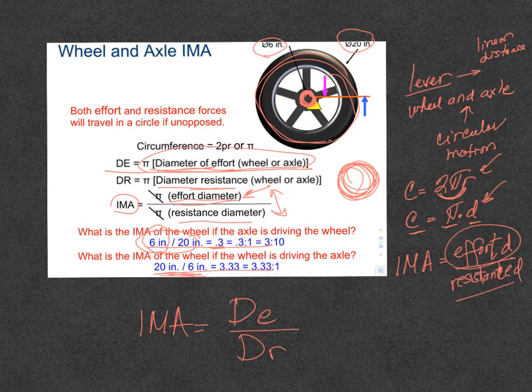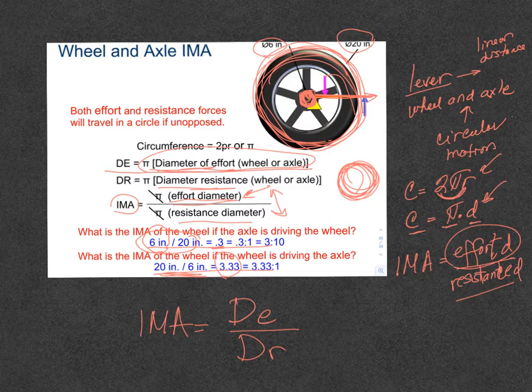In the opposite case, in which the effort force is caused by the wheel, the distance from the center of rotation, the fulcrum, all the way through to the effort is always going to be bigger than the diameter of the axle, and you're always going to have an ideal mechanical advantage bigger than 1, because you have a type 2 lever.